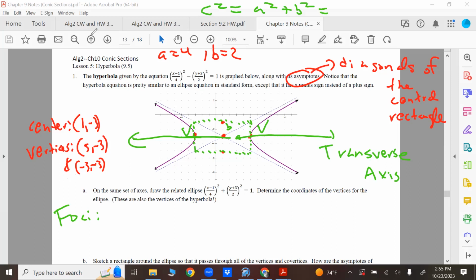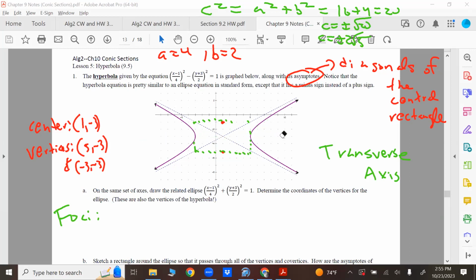So that's going to be 16 plus 4, 20. So c is plus or minus root 20, or c is plus or minus 2 root 5. That's what c is. So your foci are going to be 2 root 5 away, which is what? 4 point something. So the foci are actually not too far from the vertex. So the foci are going to be here.